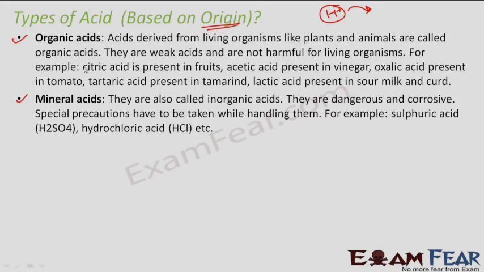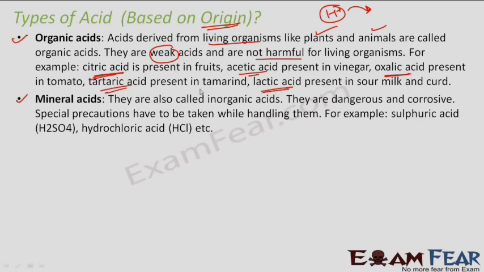Organic acids are derived from living organisms like plants and animals. They are generally weak acids and not harmful. For example, from lemon we get citric acid, right? In fruits also we get citric acid, and acetic acid in vinegar, oxalic acid we get from tomato, tartaric acid from tamarind, lactic acid you get from milk and curd.